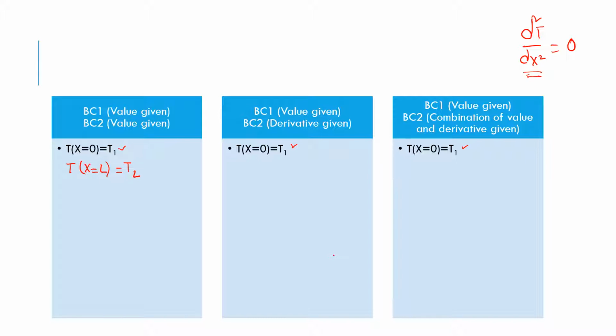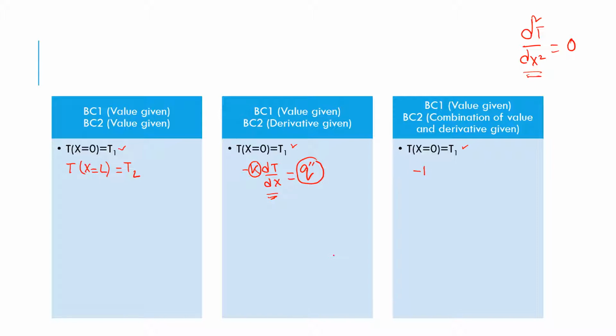Then in the second case, it's the derivative that is given: minus k dT dx is equal to q. So this is constant, and this is a value that is also constant. In other words, dT dx is given here. The third one is sort of a combination of the first two.